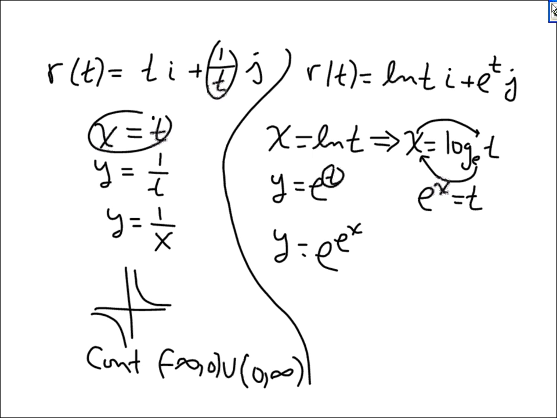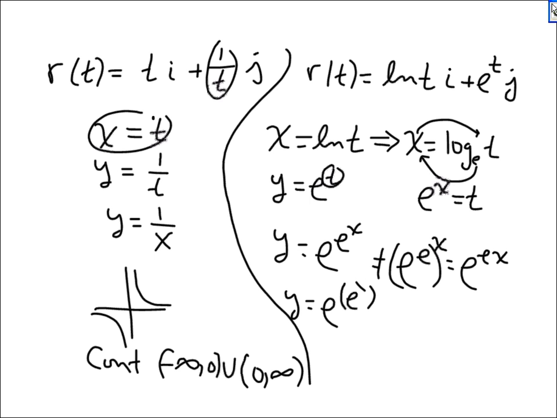Which, by the way, is not the same as this, where you can multiply the powers. It's not that. It's e raised to the e to the x. It's e raised to this power. What's the power? e to the x.